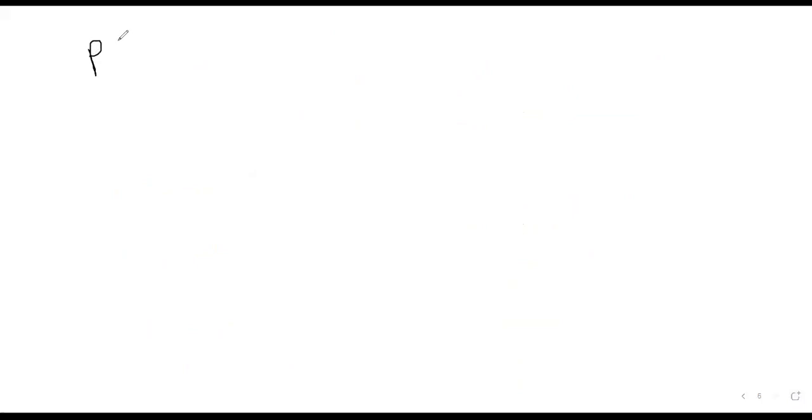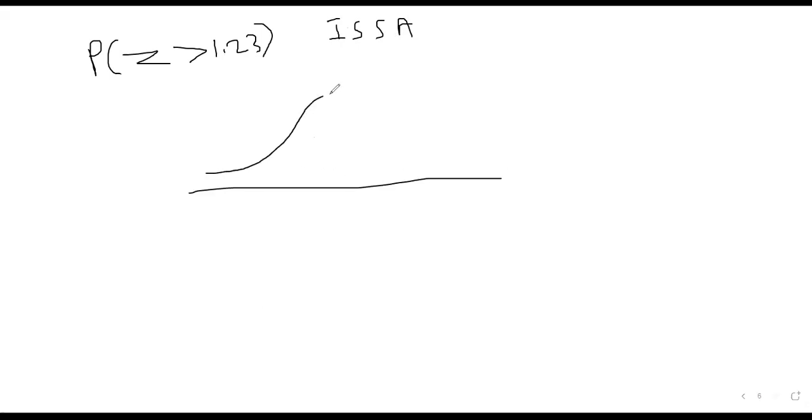Suppose we've been asked to shade greater than 1.23. Let's illustrate. We use ISA to illustrate. ISA stands for what? Illustrate, shade, standardize, apply the principle. So let's go to 1.23. 1.23 is a positive number, so it's on the right side of 0. Step 1, illustrate. Step 2, shade. What sign is there? Greater.